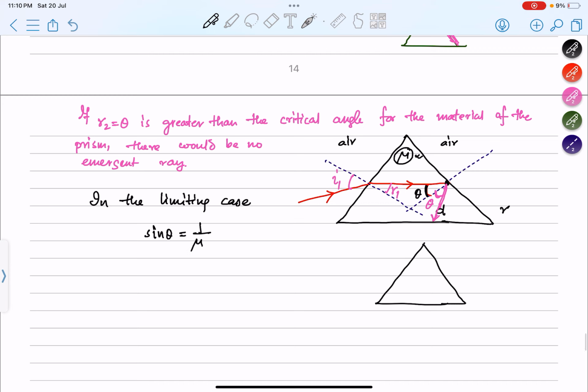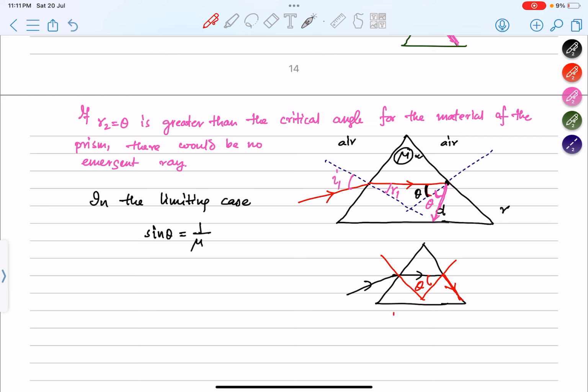In the limiting case, the emergent ray will be grazing across this surface. If this is the normal, this is the theta here in this case.